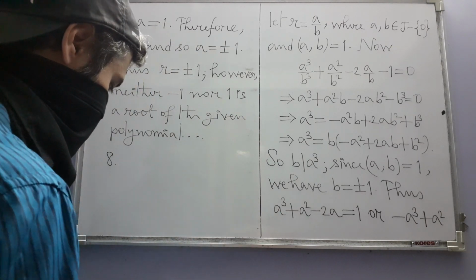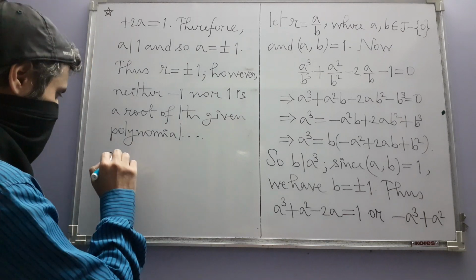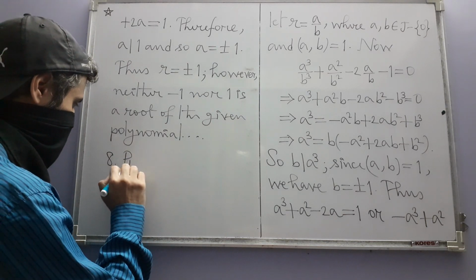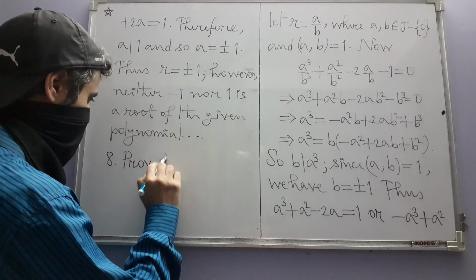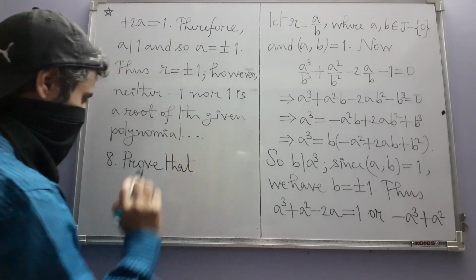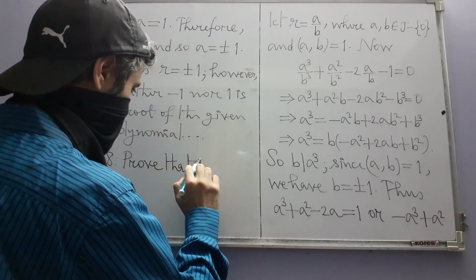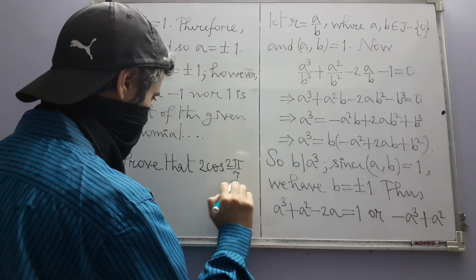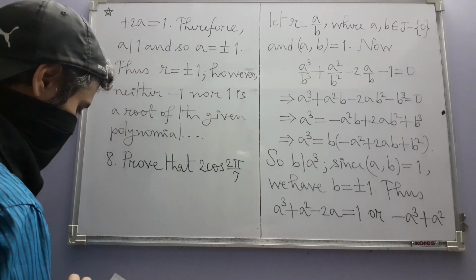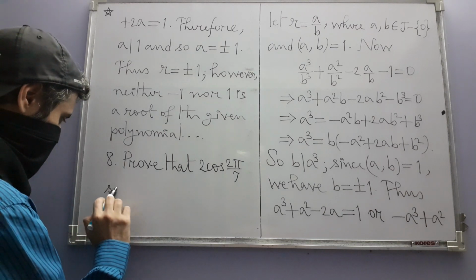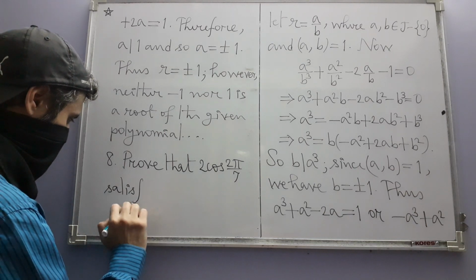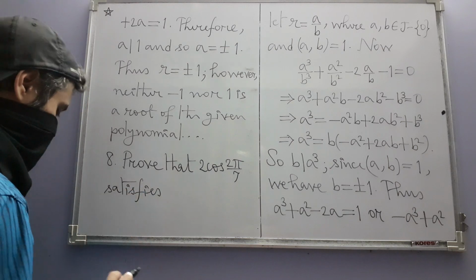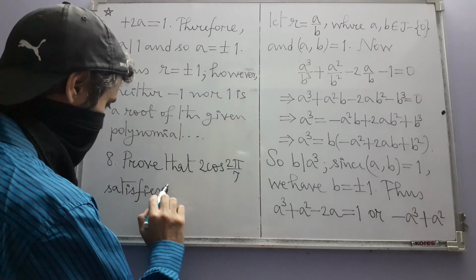Then the next exercise is about that itself. Prove that 2 cos 2 pi over 7 satisfies that polynomial.